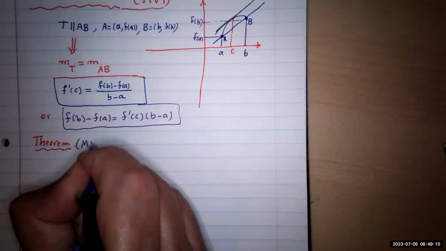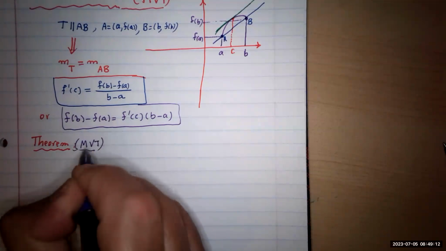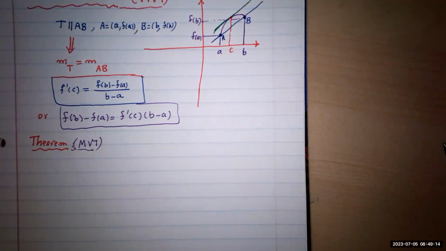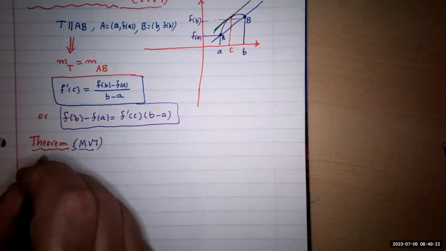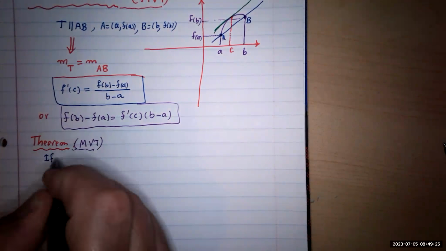What is the mean value theorem? Make sure you know the statement of the theorem, and you need it for calculus 2 as well, and calculus 3. So what's the statement of the theorem officially?